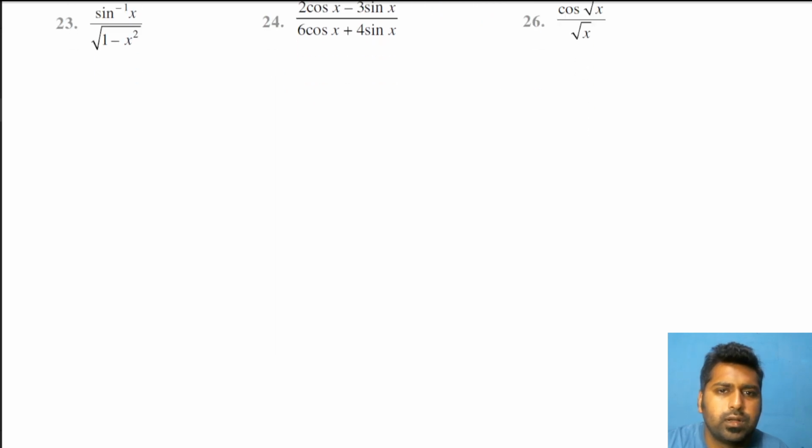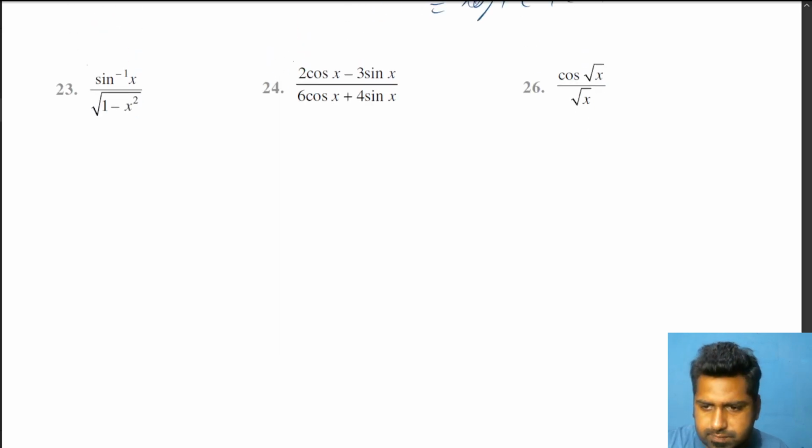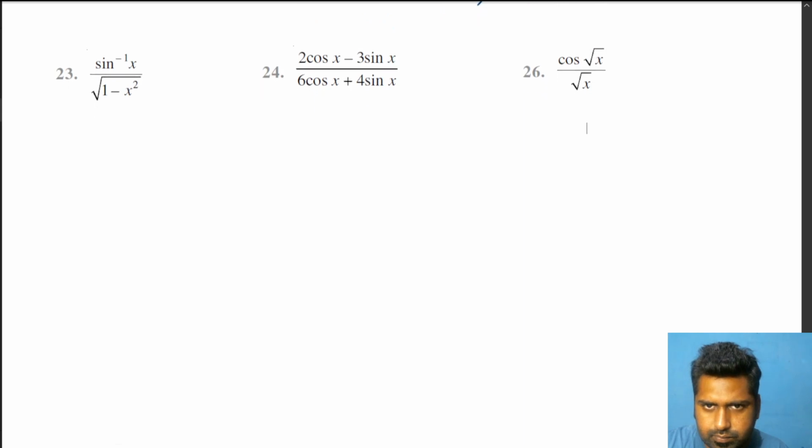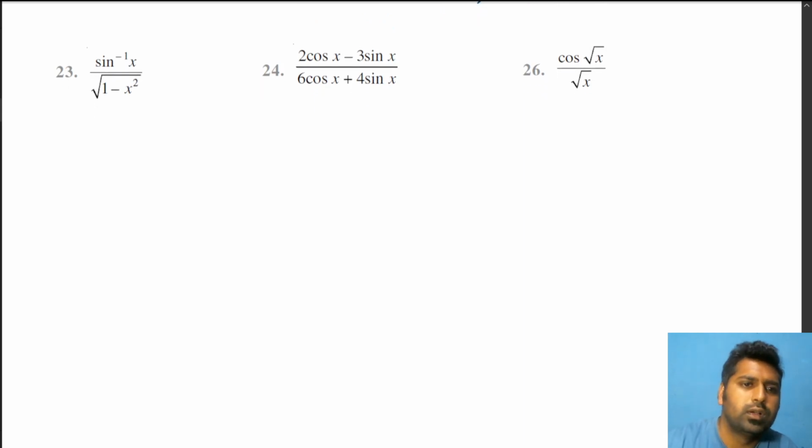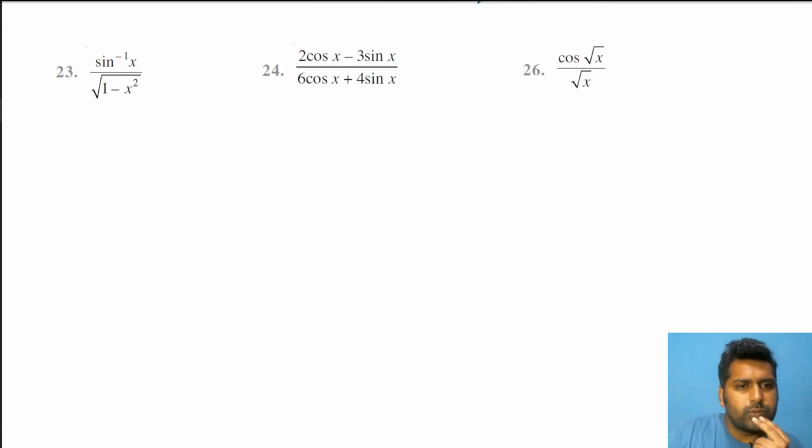Okay. Let's look at these three questions. Sine inverse x upon square root of 1 minus x squared dx. This we have to integrate. Most weird, both numerator and denominator slightly, but I'll have the preference to sine inverse. Inverse functions are very, very weird.